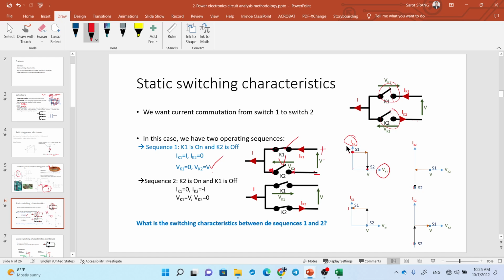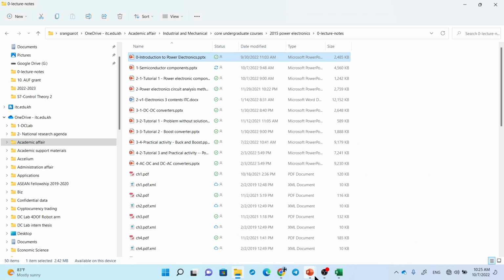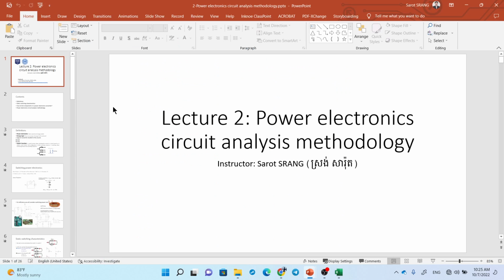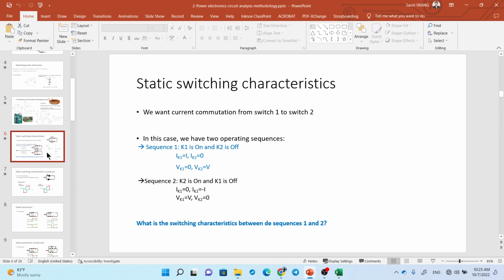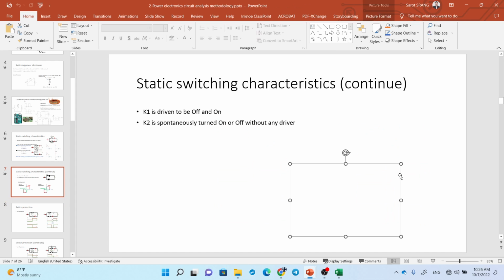Full screen? Full screen. Where is the... what happened? Oh, it doesn't display.